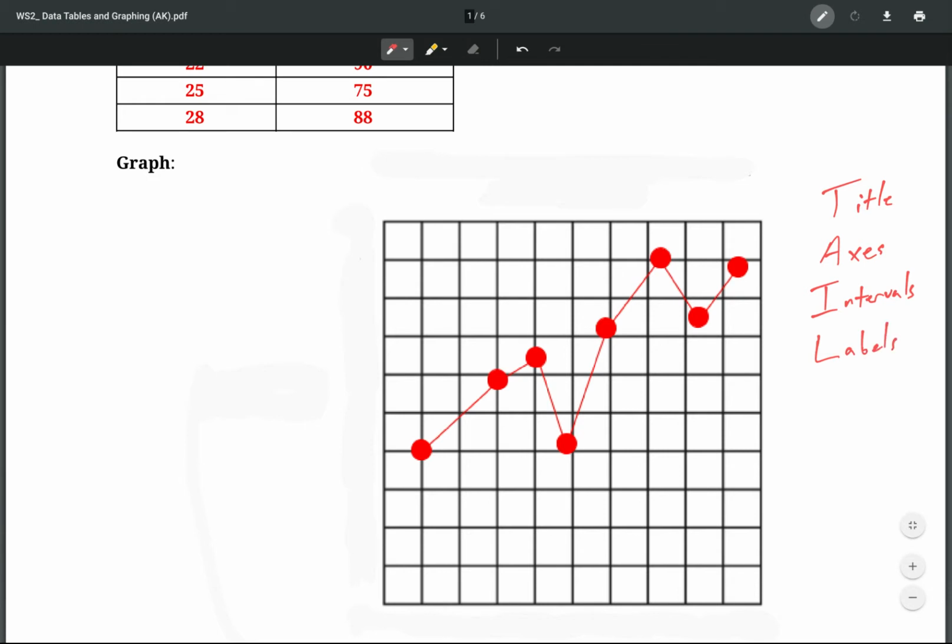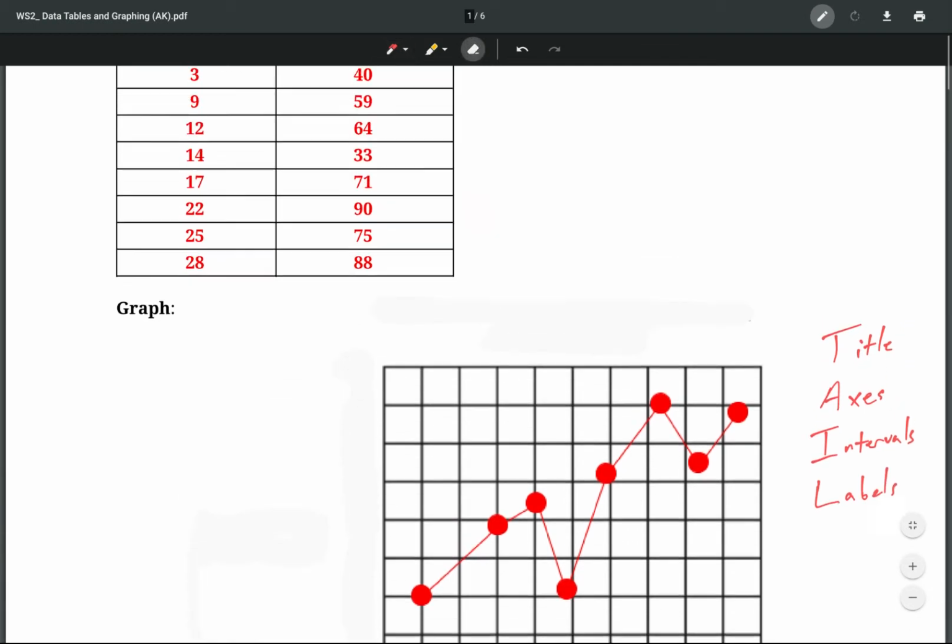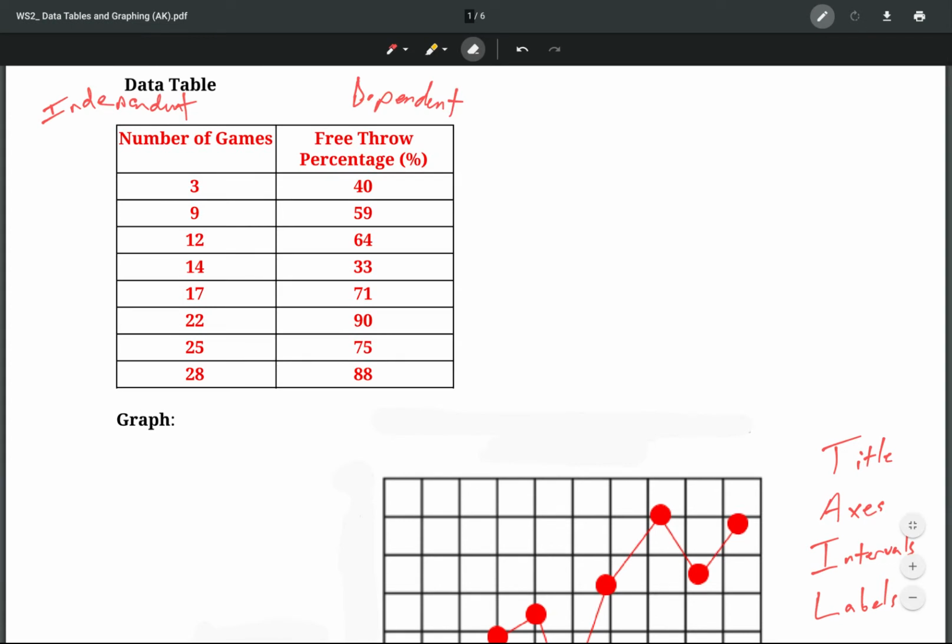And so the title for this is going to be the independent variable and the dependent variable, and having some kind of relationship between them. So you'll see that here we said it's the effect of game experience, or the effect of the number of games a player plays on their free throw percentage, showing that we've got the independent and the dependent variables right here.